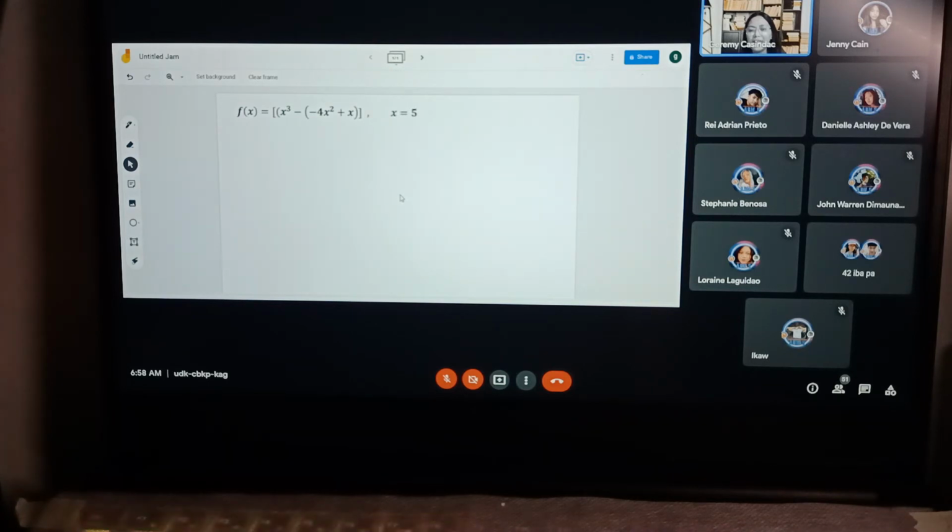Okay, how about Panisa Thea? Paibasa naman ang example number 2. Wala rin. Oh, anyone who wants to read example number 2?